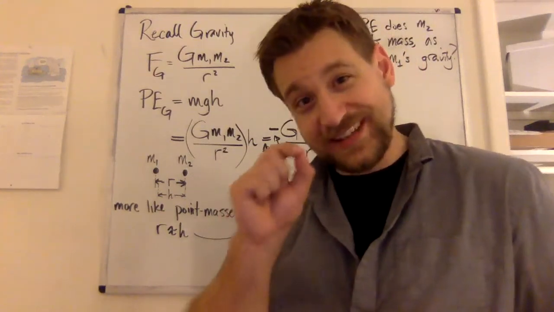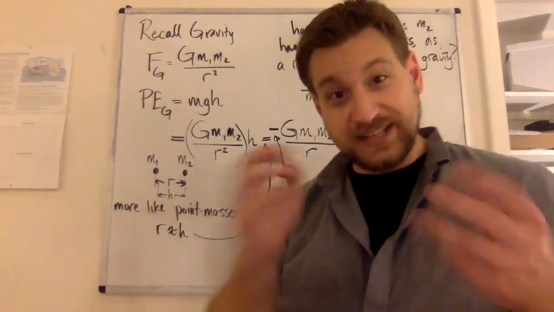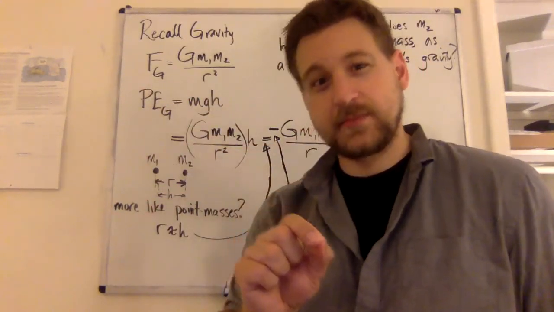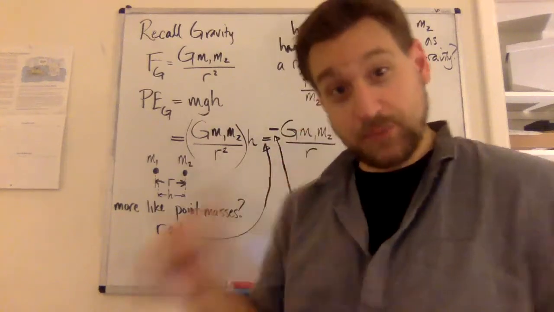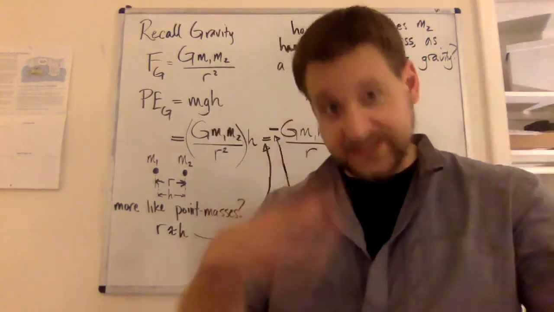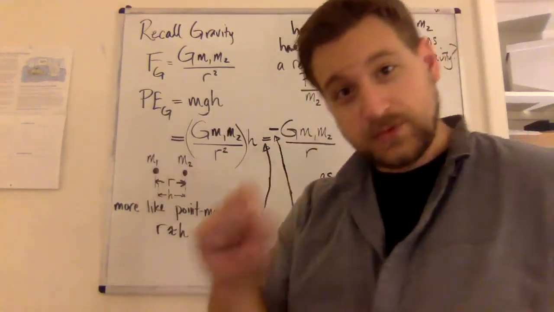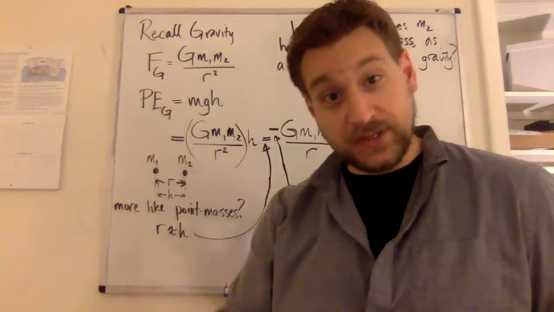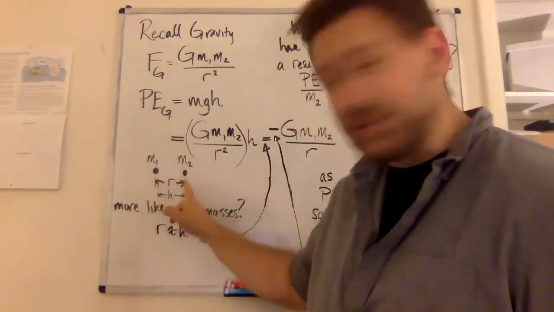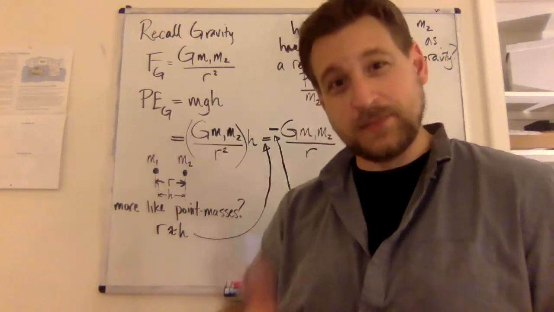But if m1 starts to look less like the entire Earth and more like a point mass, and when I mention point mass, I want you to think about point charge as well, to kind of tie into everything that we've been talking about, the more m1 looks like a point, the more the distance between the centers starts to look like the height above the surface of m1.